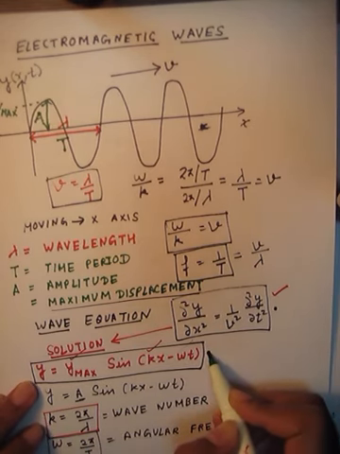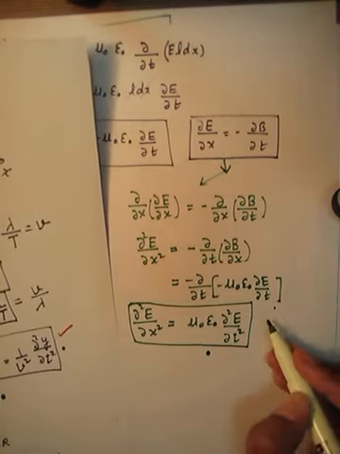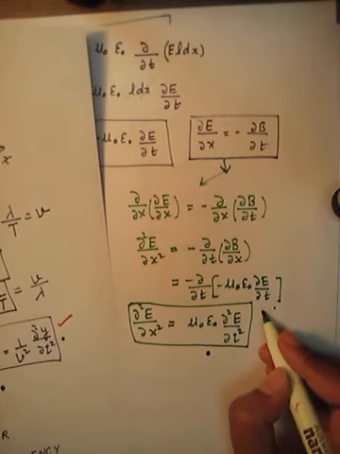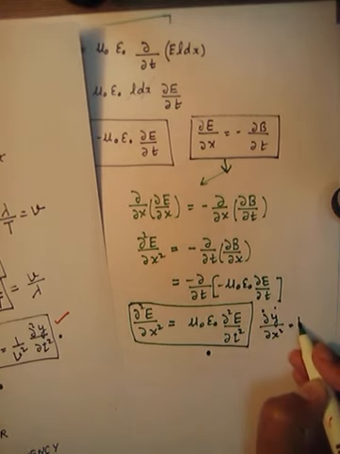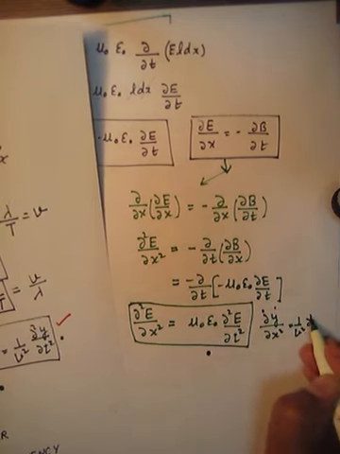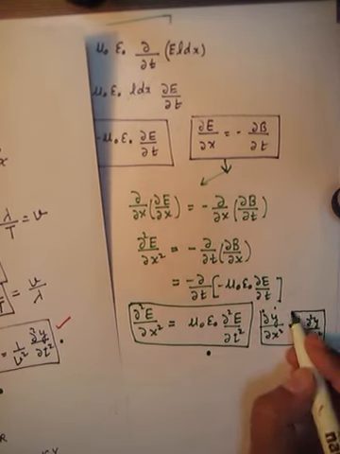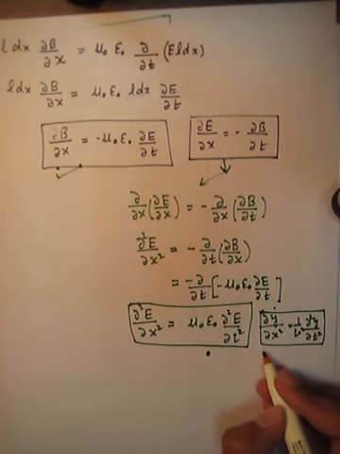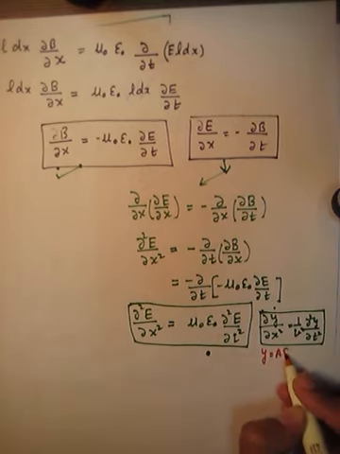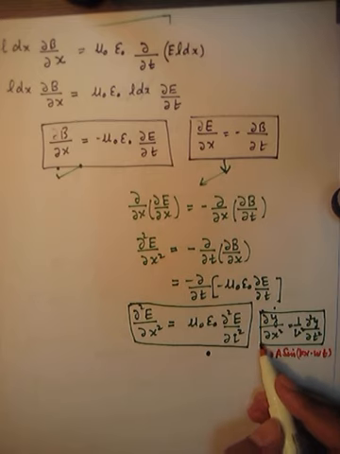The general wave equation is ∂²y/∂x² is equal to 1 upon v squared ∂²y/∂t². So this is your general wave equation, and it has a solution which is y is equal to a sin(kx minus omega t). So this is the solution for this equation.